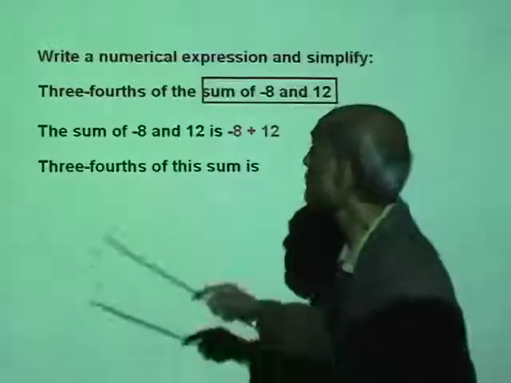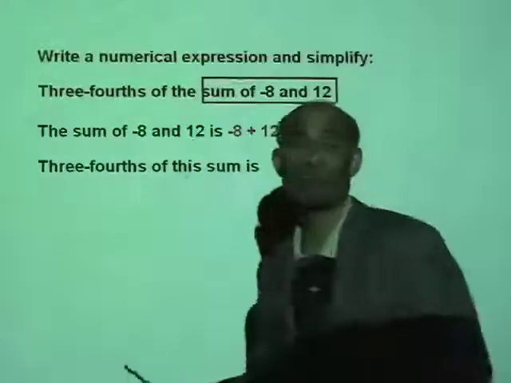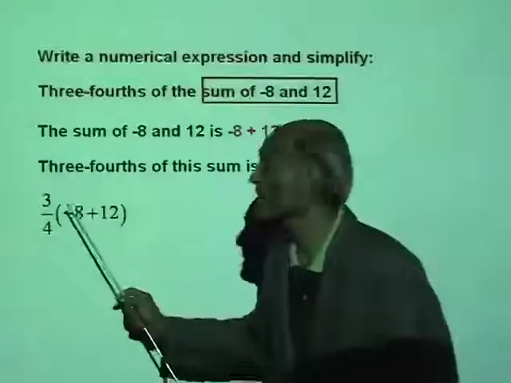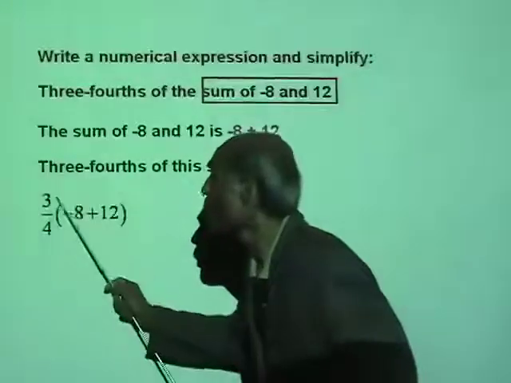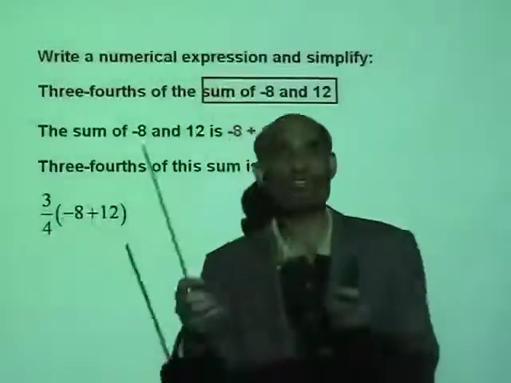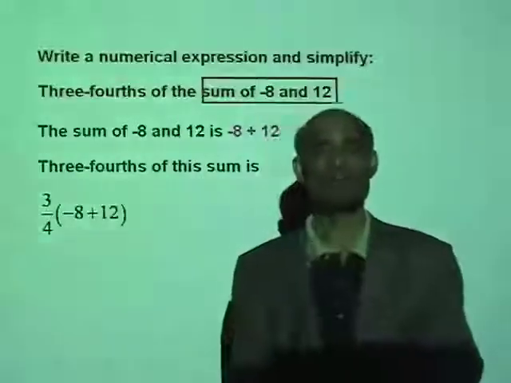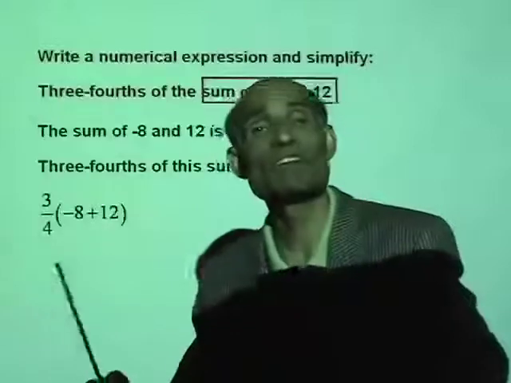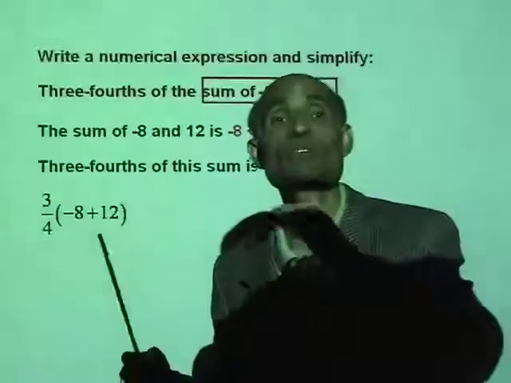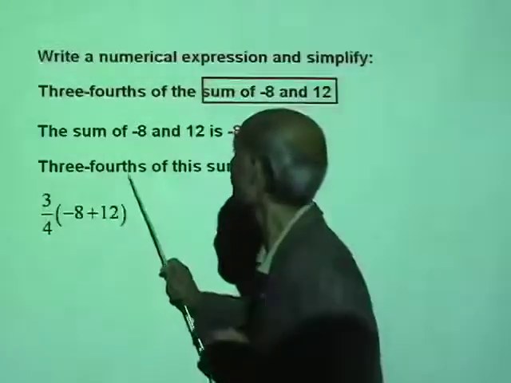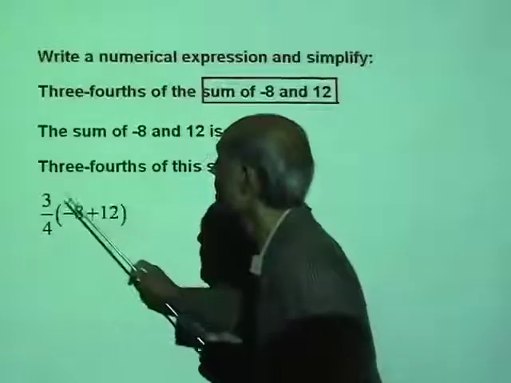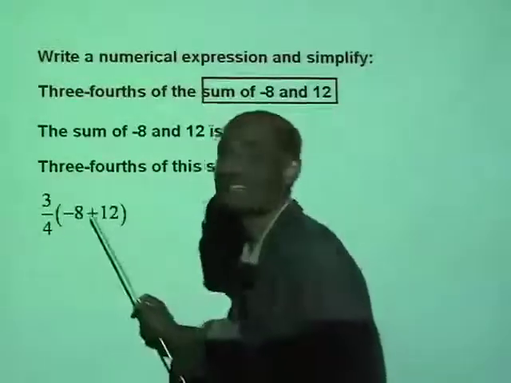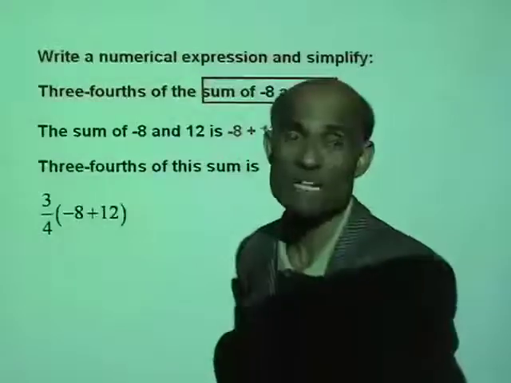Alright? 3/4 of this sum, what does that mean? 3/4 of this sum means 3/4 of means multiply. What is 3/4 of x? It is 3/4 x. So 3/4 of the sum is 3/4 multiplied by that sum, negative 8 plus 12.